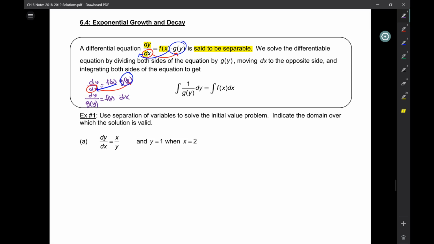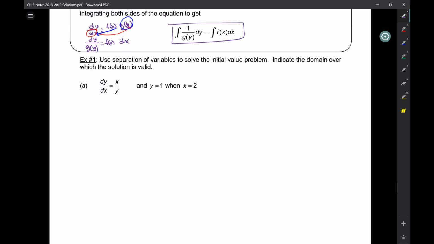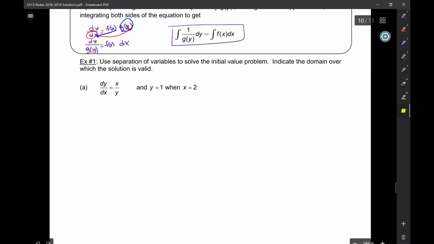And anytime you've got dy, that really won't exist alone. You have to now take an integral of that. So it ends up as the integral of 1 over g of y dy equals the integral of f of x dx. This process is called separation of variables.